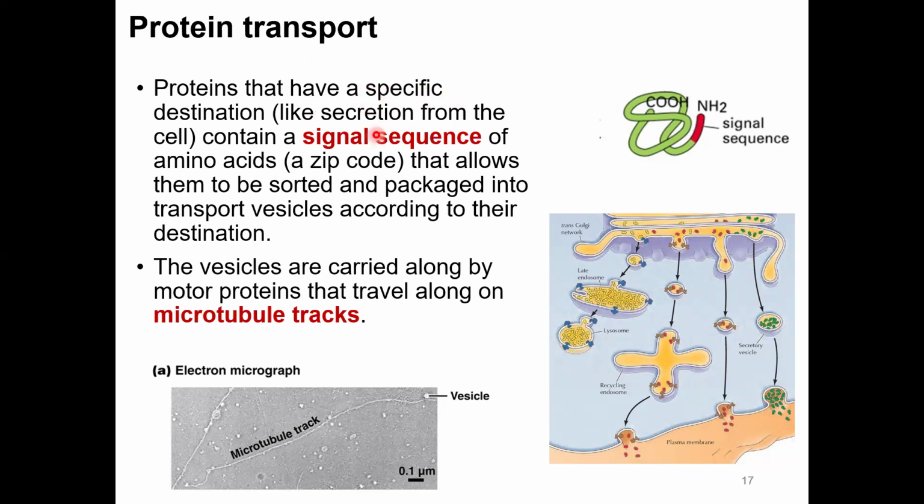So now protein transport itself: proteins have a specific destination when being secreted. When there is a signal sequence within the amino acids, which is the primary structure of the protein, it allows them to be sorted out and packaged into transport vesicles, and directed along microtubule tracts through motor proteins and other aspects to guide them along the way.